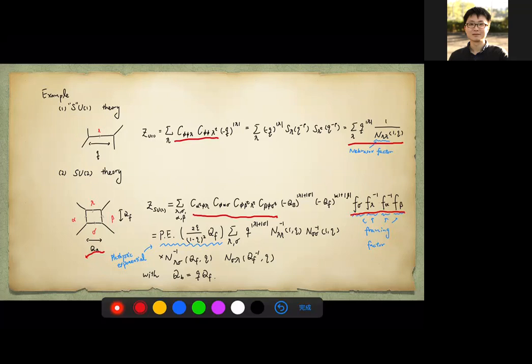Then we will find some plethystic exponential that looks like this, and it is multiplied with also some Nekrasov factors.